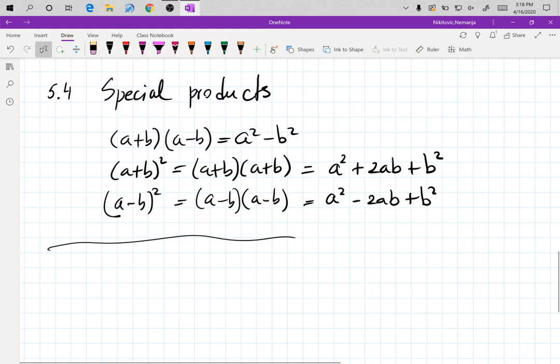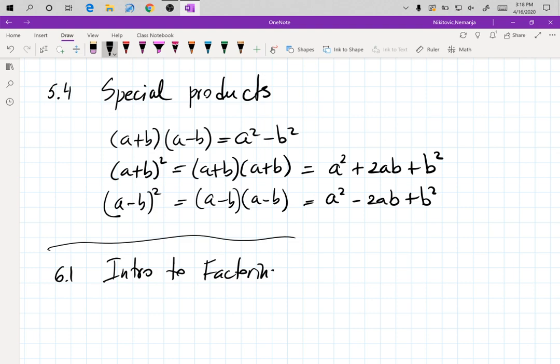Then we hit 6.1, Intro to Factoring, where you learn GCF and grouping.